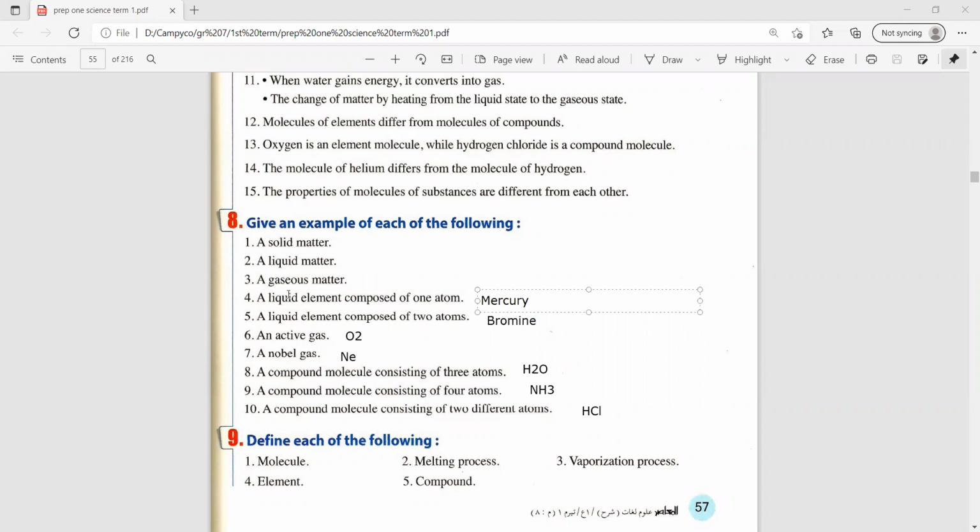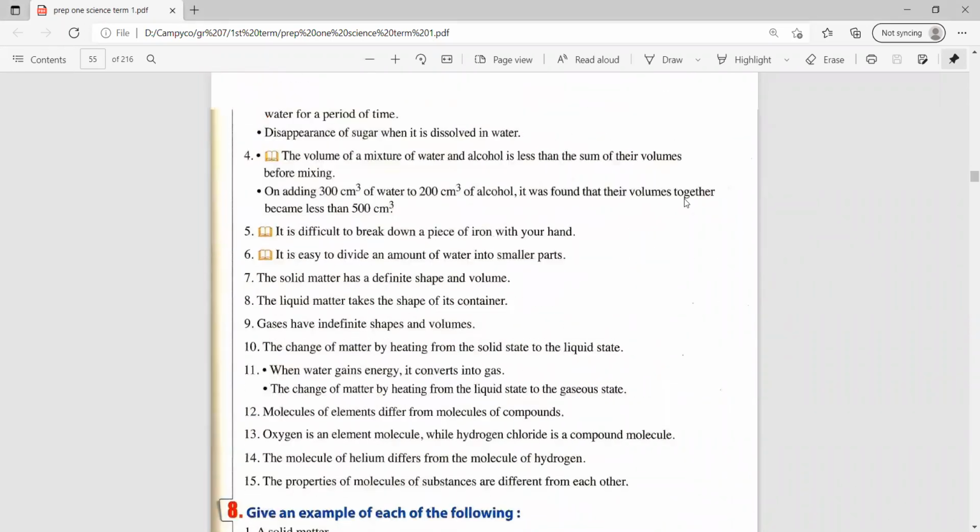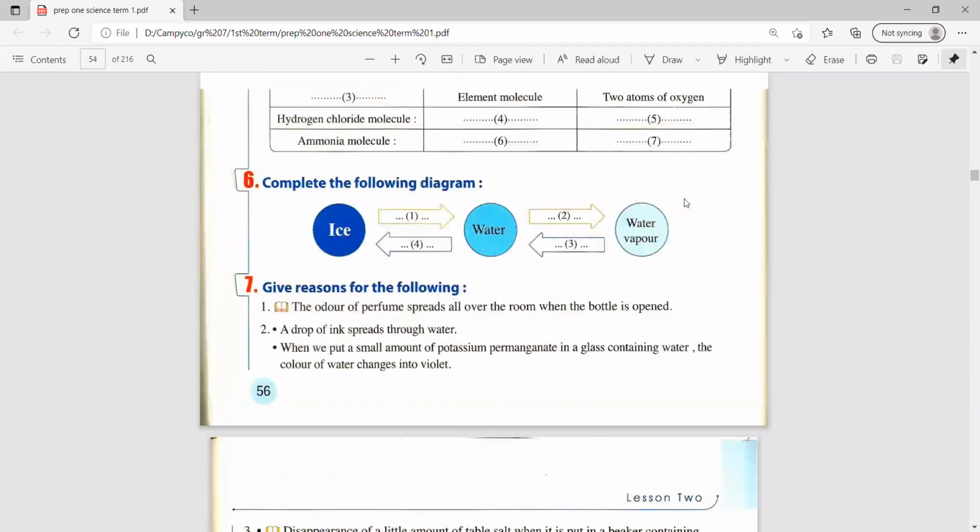I think we don't have to answer the first 3. They are already easy: any solid, any liquid, any gas. We can say ice, water, water vapor. Yes, that's right.